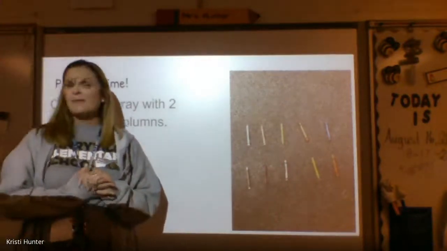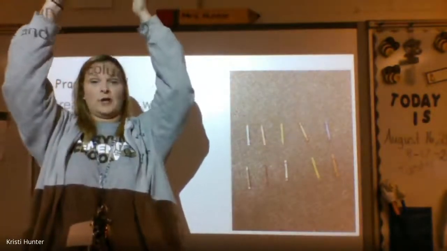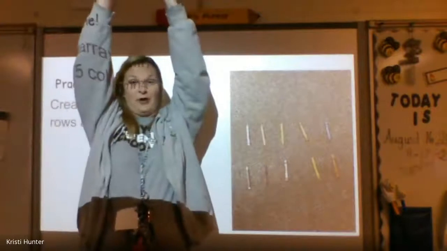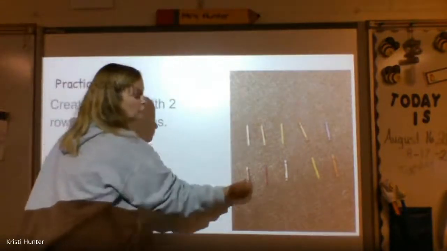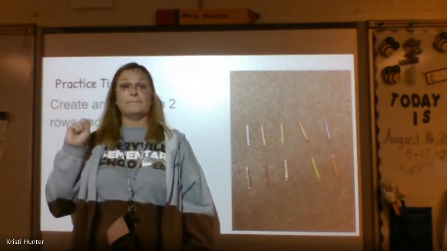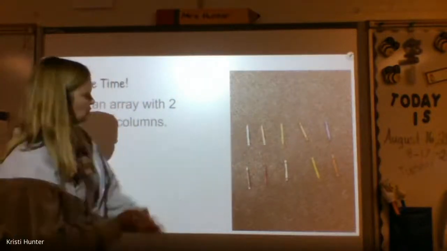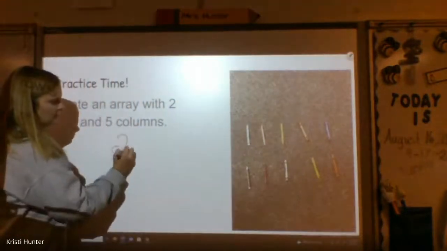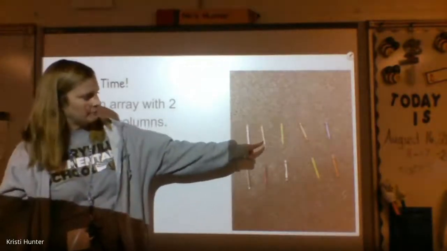All right, this time let's write an equation for our columns. Remember, columns go up and down, right? So let's look at our array. Look at the first column. Show me with your fingers. How many are in that first column? Right? So I'm going to start with the number 2 because my first column has 2. Plus, look at my second column.